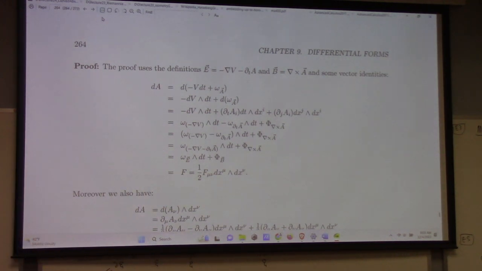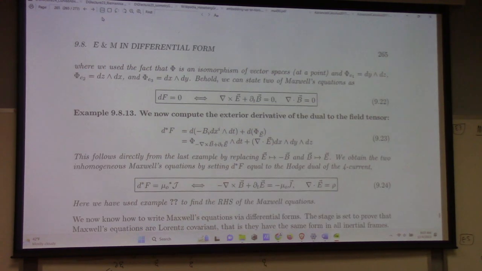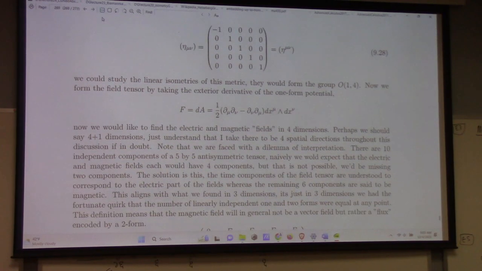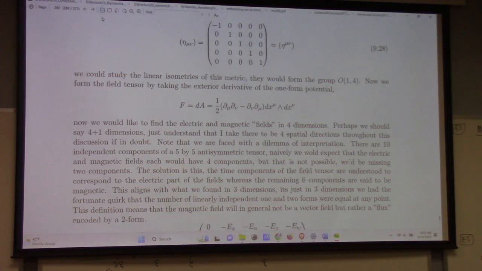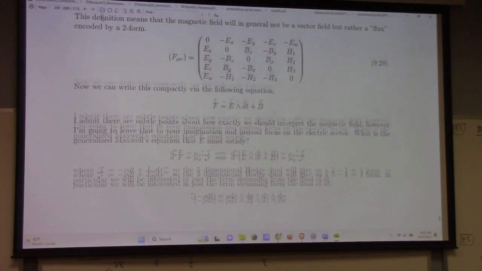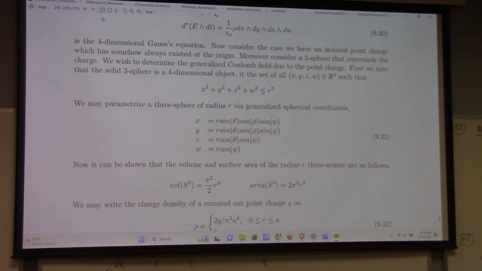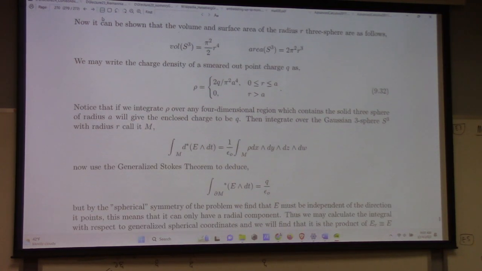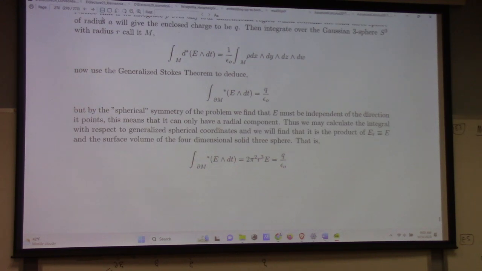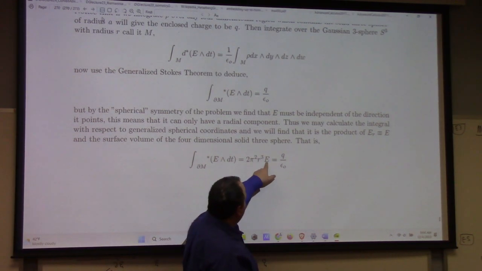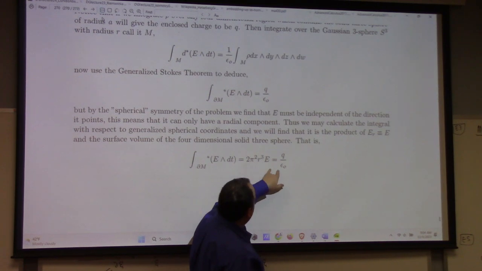And anyway, at the end of these notes, for fun, I extend it past 3 spatial dimensions to 4 spatial dimensions. And I use generalized Stokes theorem here on a hypersphere, and have a little argument here, basically extending Gauss's law to 4 spatial dimensions, and you end up with the electric field is Q divided by 2 pi squared r cubed epsilon naught.